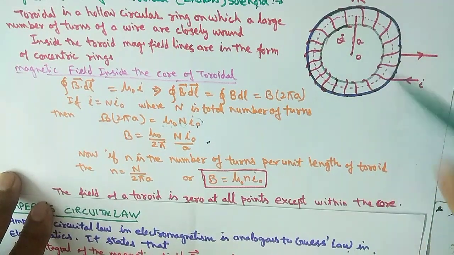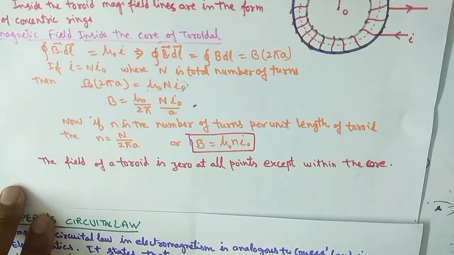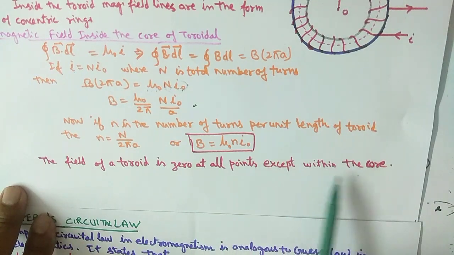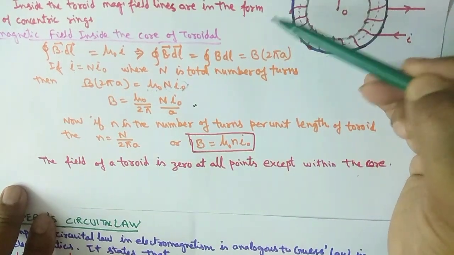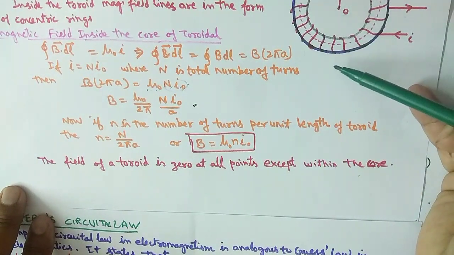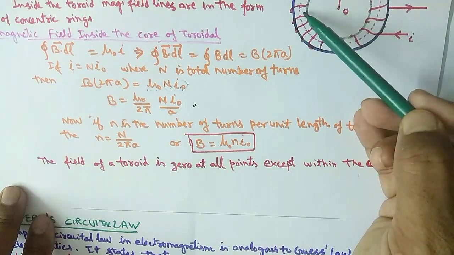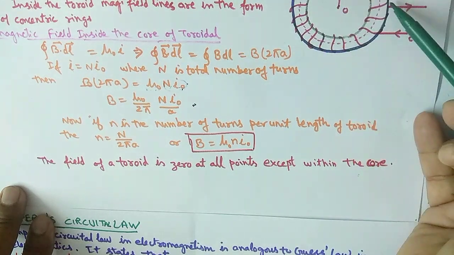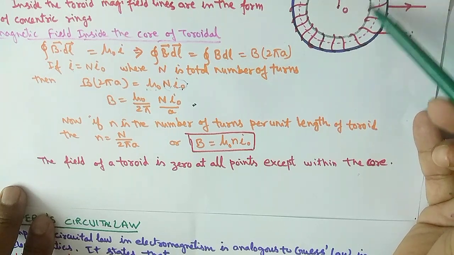This is the magnetic field inside the core of the toroid. And dear students, remember always, very important for your examination also: the field of the toroid is 0 at all points except within the core. Outside, at every point the magnetic field is cancelled, because the magnetic field produced by this portion will be cancelled by the magnetic field produced by this portion.